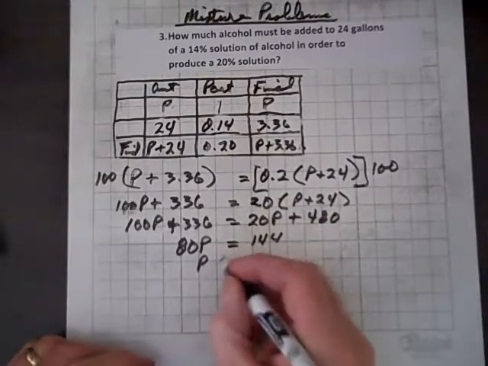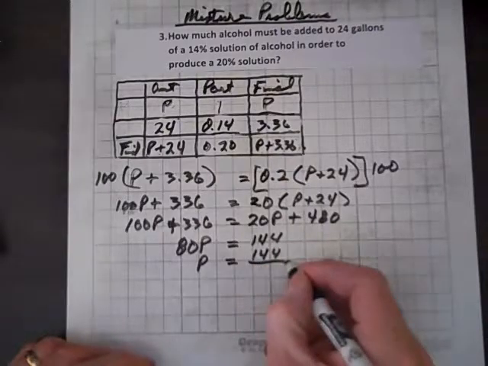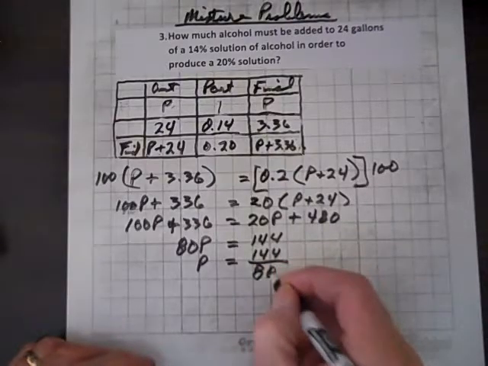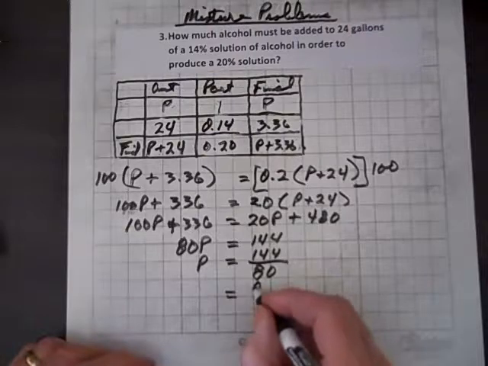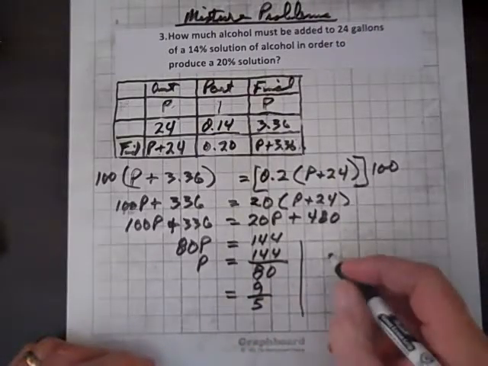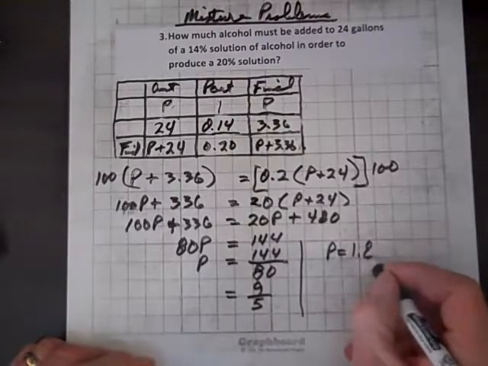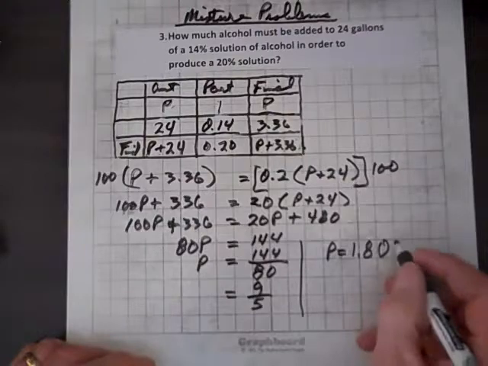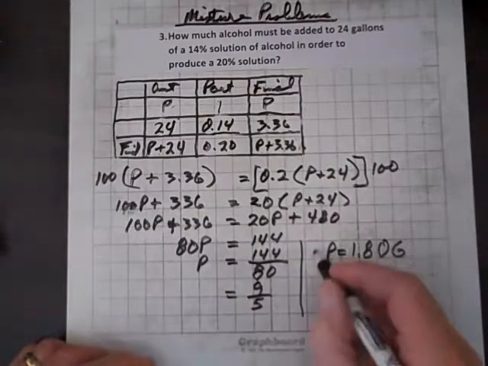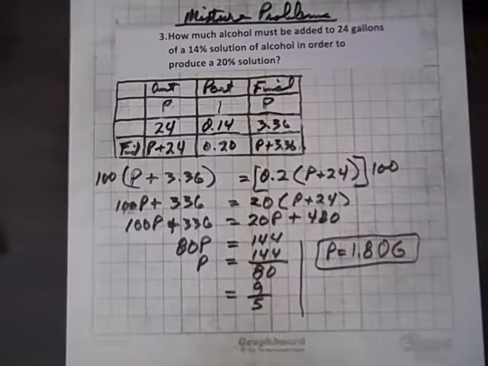Now dividing both sides by 80, we'll get 144 over 80, which reduces to 9/5. And in decimal form, we have P equal to 1.8. So we need to add 1.8 gallons of pure alcohol to raise the percentage of alcohol in the solution up to 20%. And we're done.